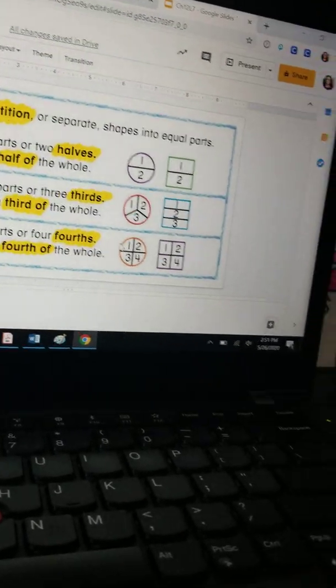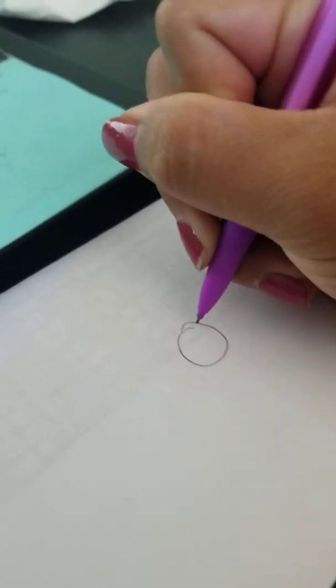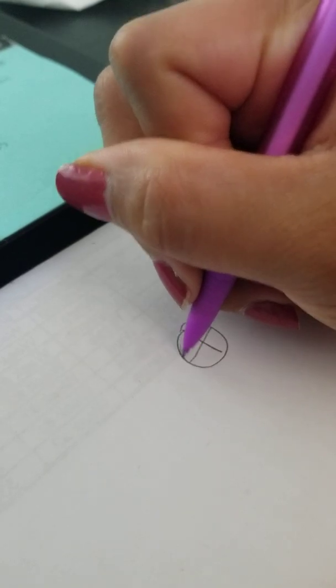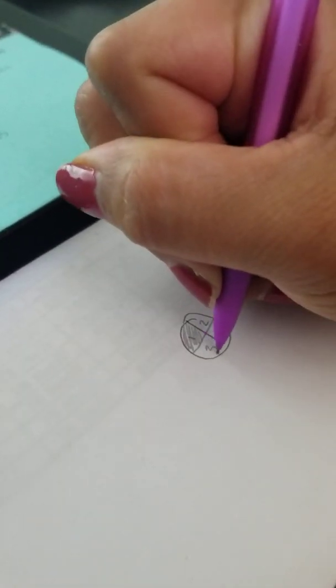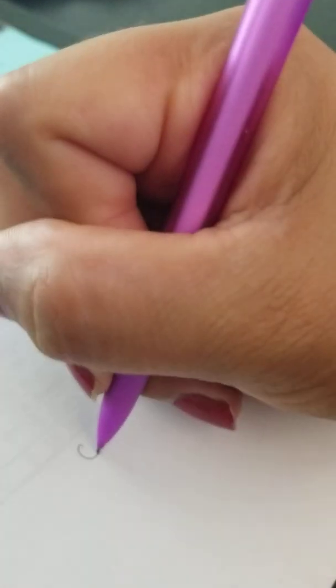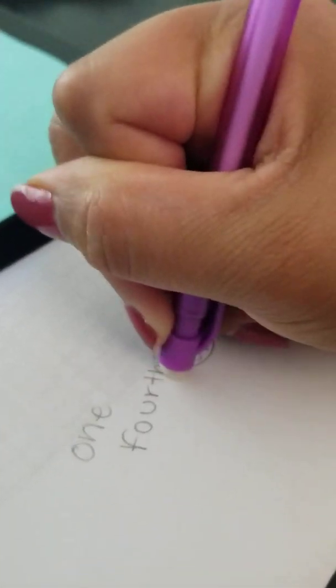And also remember that if a pizza is cut into 4 pieces, and I only give you 1 piece, you did not get 4/4. You only got 1 of the fourths. So you would get 1/4. You didn't get all the fourths. You just got 1 of the fourths.